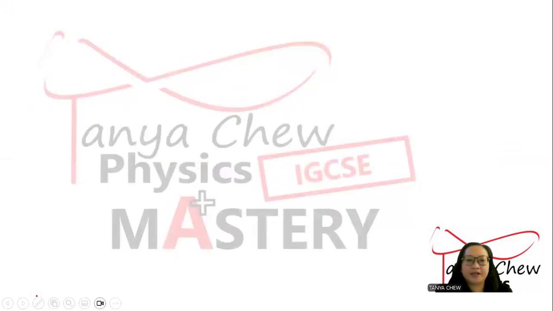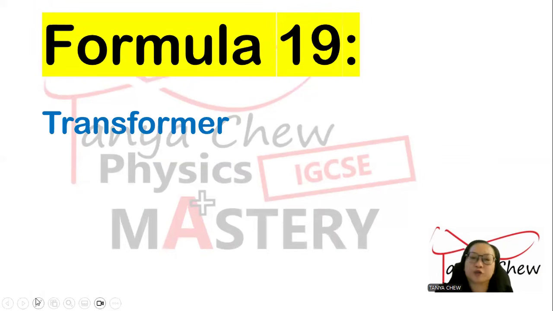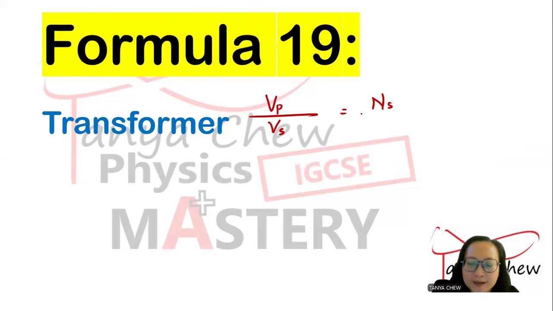Formula number 19, transformer. For the transformer, all you need to remember is Vp over Vs is equal to Np over Ns. Vp means primary voltage. Vs means secondary voltage.